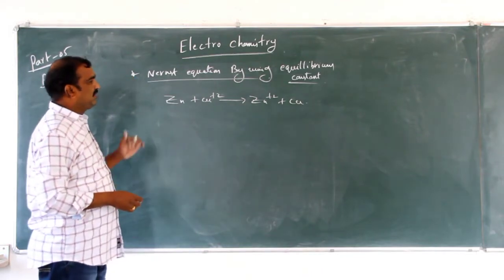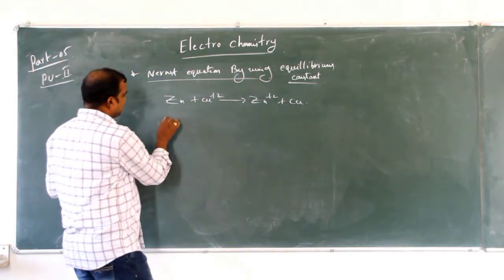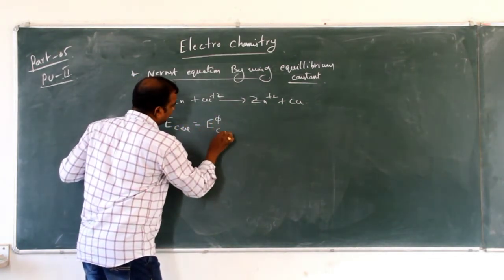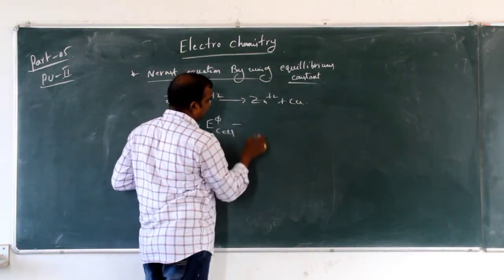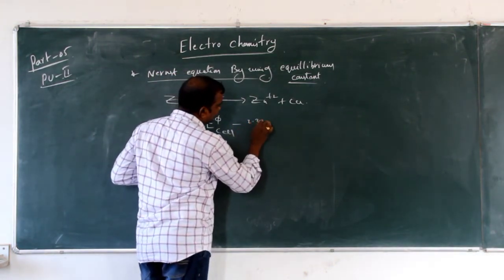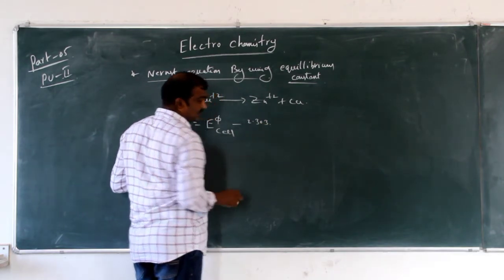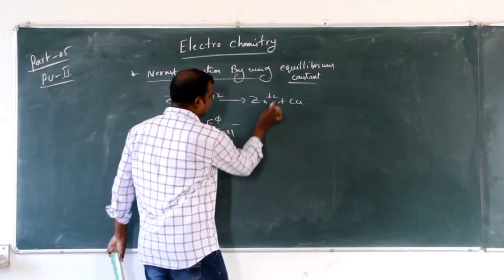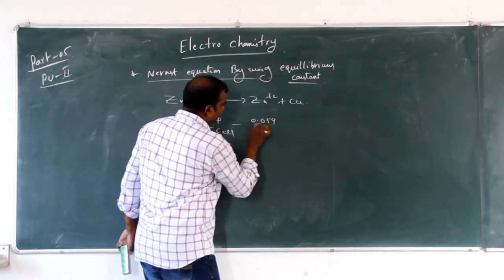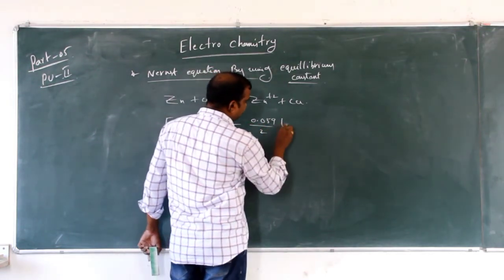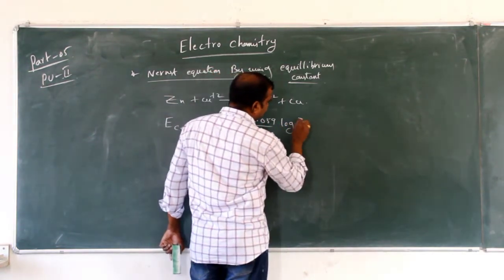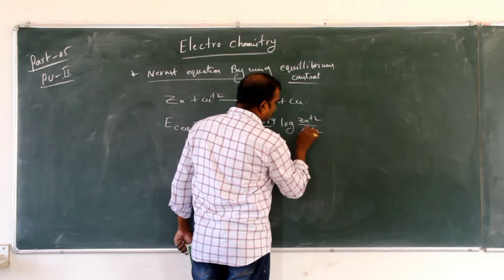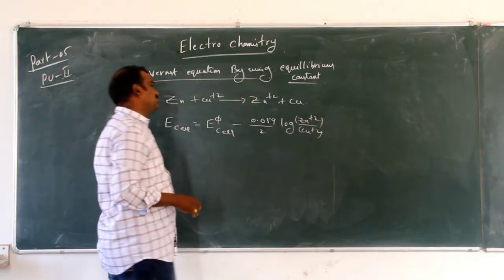For this Daniell cell we write the Nernst equation as E cell is equal to E naught cell minus 2.303 times 0.059 by 2, log of Zn2+ by Cu2+ concentration.